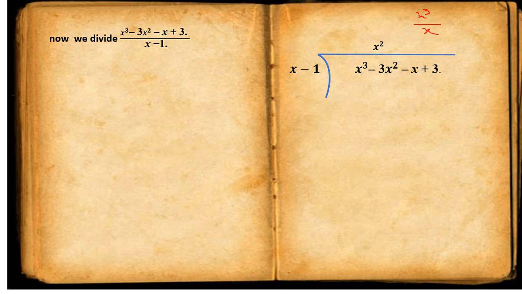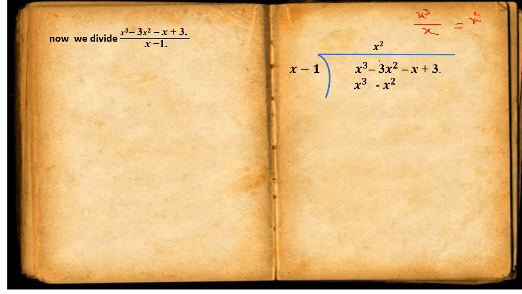So we use the laws of exponent: we get x raised to the power 3 minus 1, that is equal to x raised to the power 2. So that's why we are multiplying x by x square.